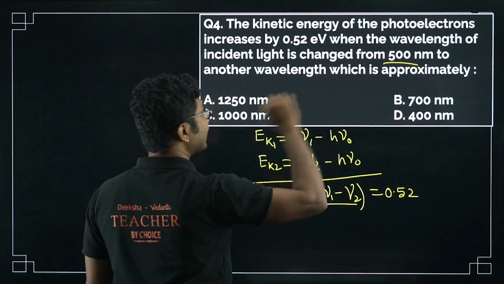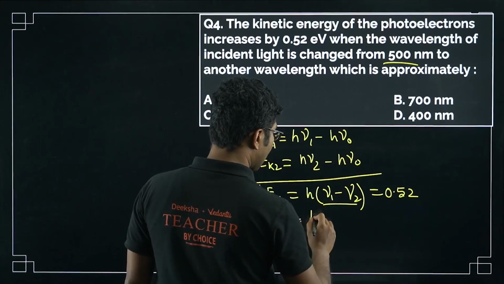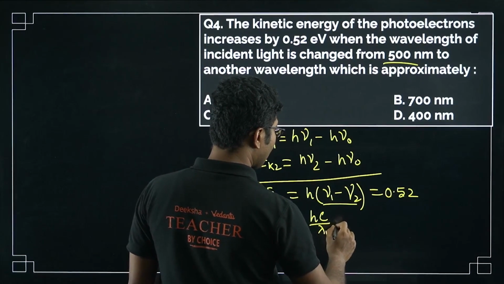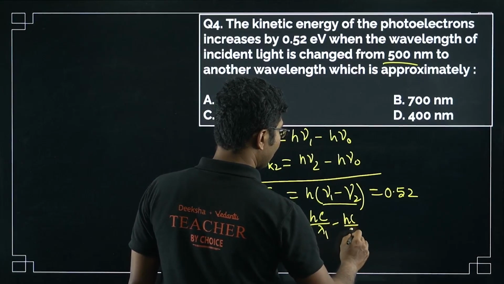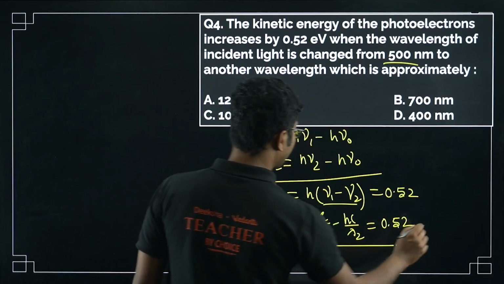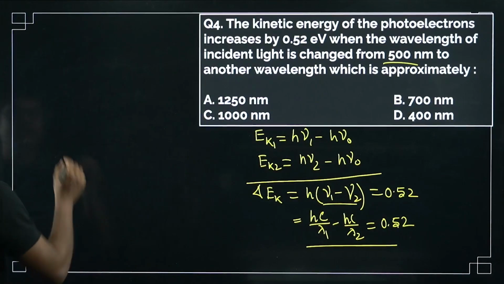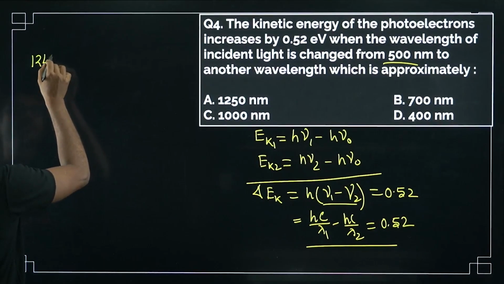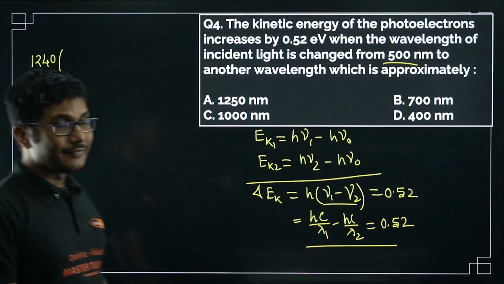Now again, it is given in terms of wavelength, so I will be converting it into wavelength. hc by lambda 1 minus hc by lambda 2 equals 0.52. Now here we will use our old weapon. What is that weapon I was talking about? I am talking about hc. hc is 1240 eV nanometer.